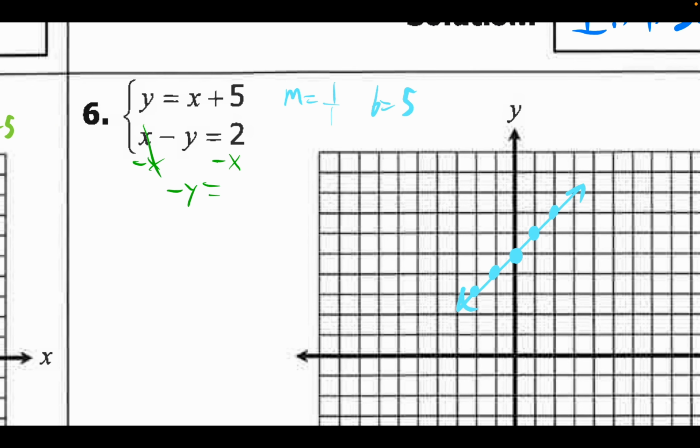Equals negative x plus 2. Now I need to divide every single thing here by negative 1 to get the y truly by itself. And I get y equals positive 1x minus 2. That makes my slope 1 or 1 over 1, and my y-intercept negative 2. So now I'm going to go ahead and graph this.